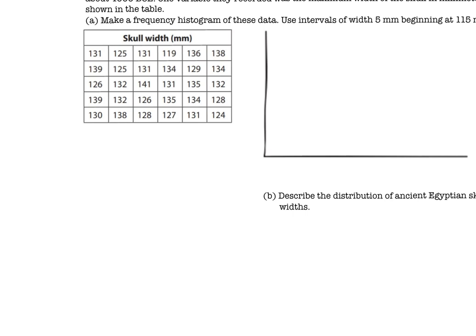Okay, so when you do an interval or a frequency table for a histogram, we want to do intervals. And so now what I'm going to say is, we're going to say 115 to less than 120.